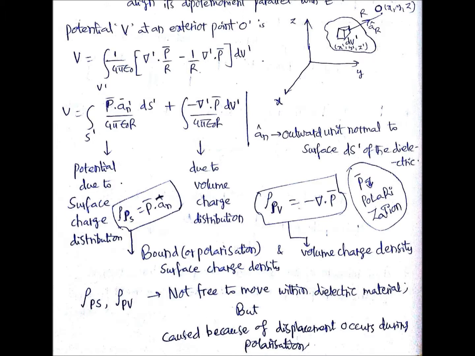So these rho s, rho v are not free to move within the dielectric material, but they are caused because of the displacement that occurs during polarization. Are you getting? So these are not free to move within the dielectric material, but because of the polarization concept, that is due to the application of electric field E bar, they appear in a dielectric material.